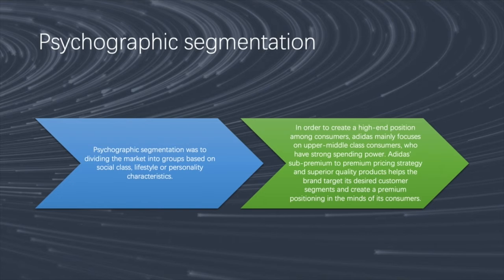Psychographic segmentation is dividing the market into groups based on social class, lifestyle, or personality characteristics. In order to create a high-end position among consumers, Adidas mainly focused on upper middle class consumers who have strong spending power.